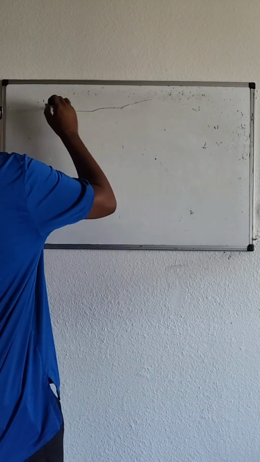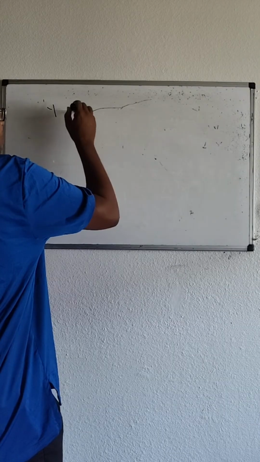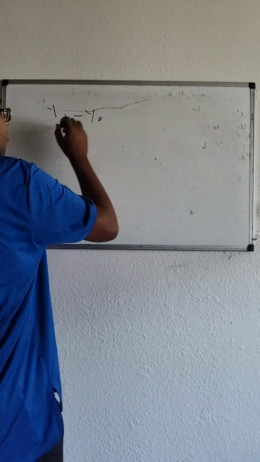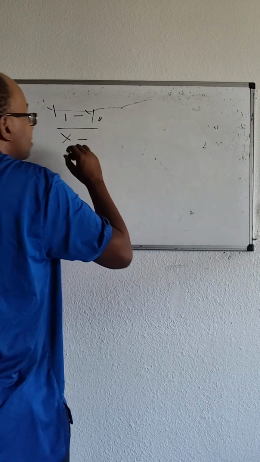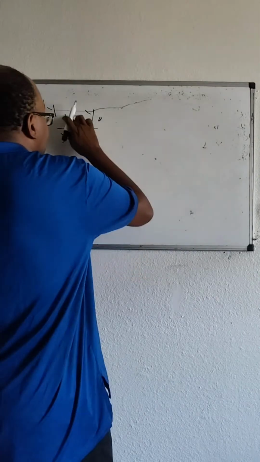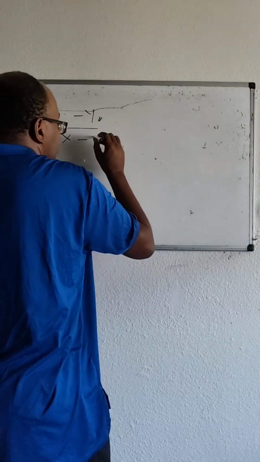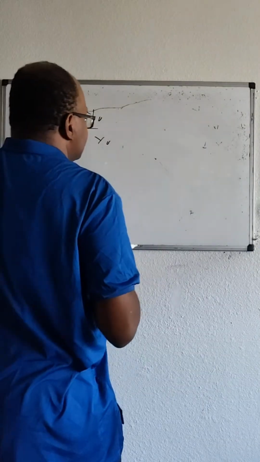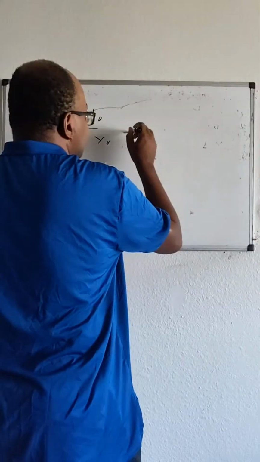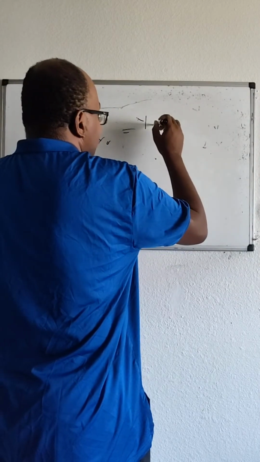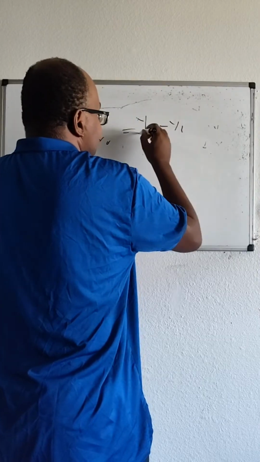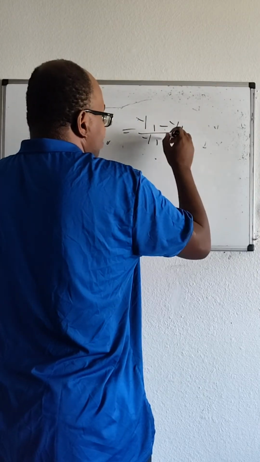Let's try it again. Okay, we'll do y. Call it regular y. X sub naught, that is good, right? And then we're going to let this equal y1 minus y2 over, y1 minus y2.